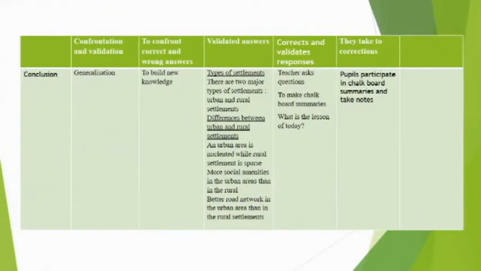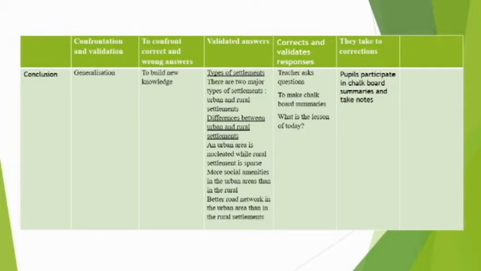Now we go to the level of confrontation. What would be the teacher's activity? Let me go back to IPO. Here the IPO is to confront correct and wrong answers.